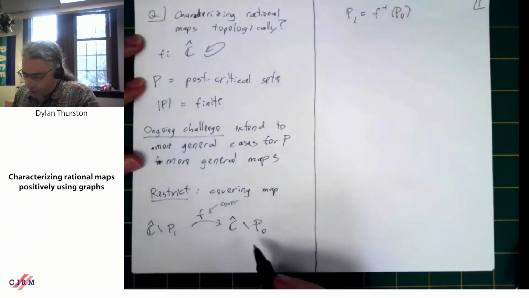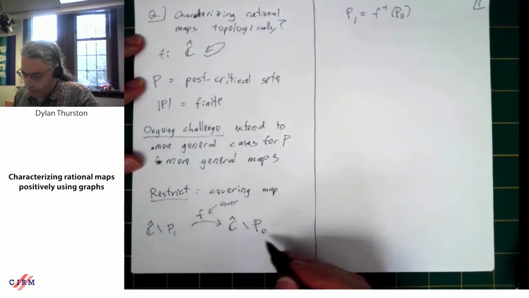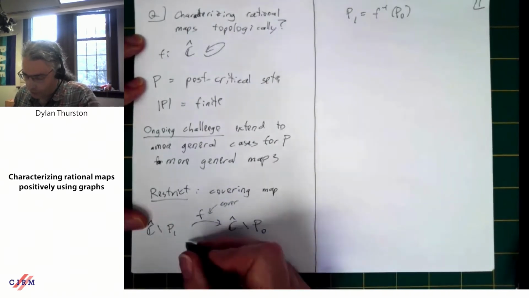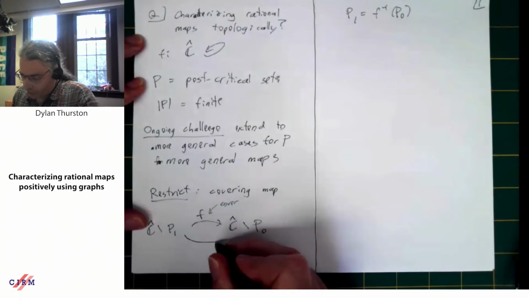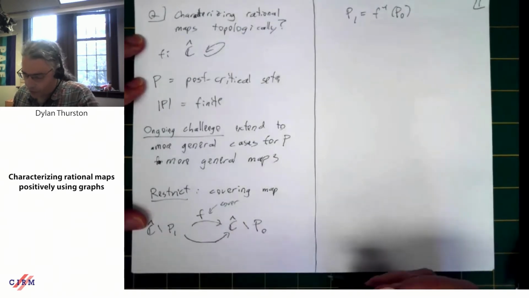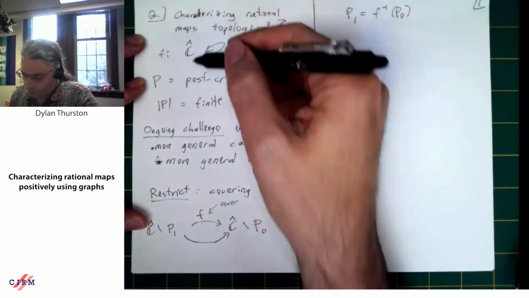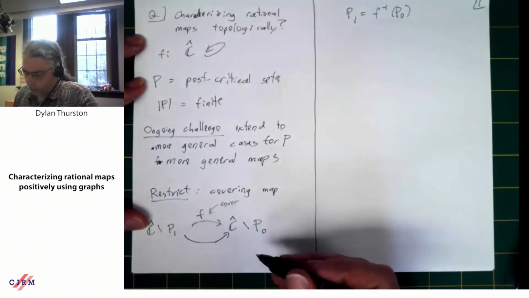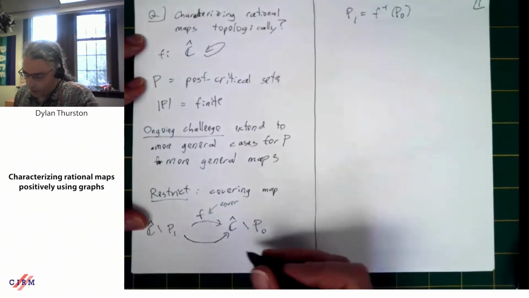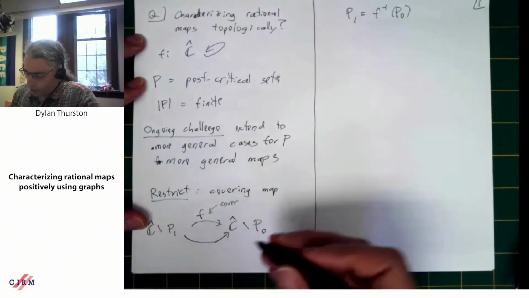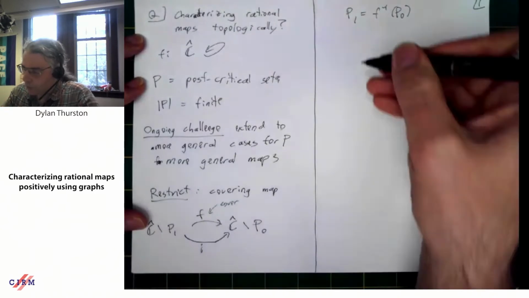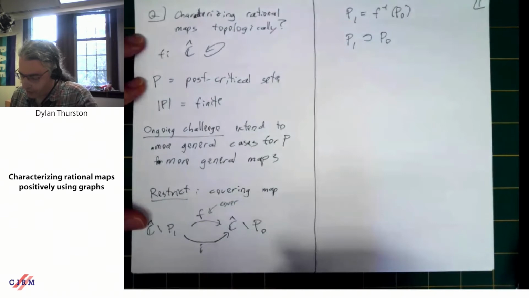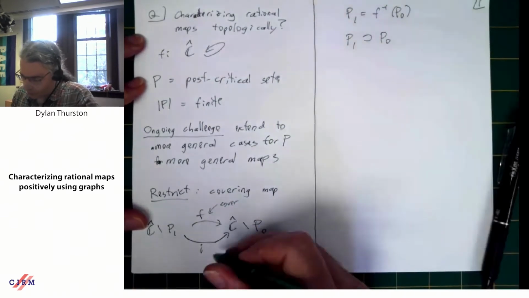But now that we've done this, we have two different surfaces, both punctured spheres, and two different maps between them. To get actual dynamics, you either need a map from some space to itself or two maps between two different spaces. And so we'll introduce a second natural map here, which is an inclusion map. P1 contains P0, so the complement of P1 is contained in the complement of P0.